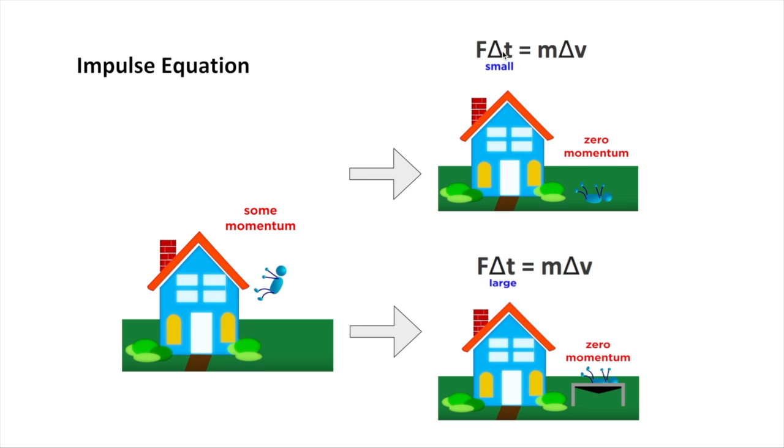Either way, F delta t is the same as F delta t. So if t is small, that makes F big. If t is large, that makes F smaller. And isn't that what we want? Don't we want the time to be larger so that the force with which that egg is crashing is a little smaller, giving it a greater likelihood that it sustains the crash without damage, without cracking?